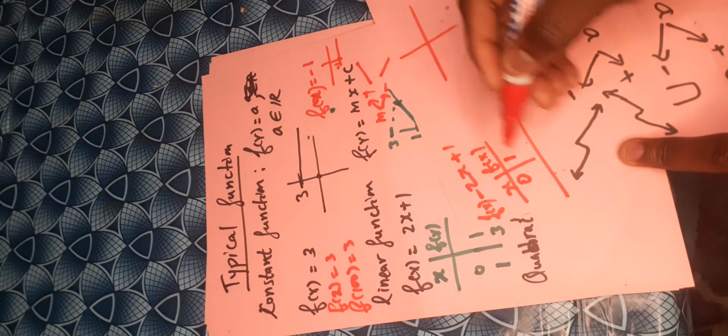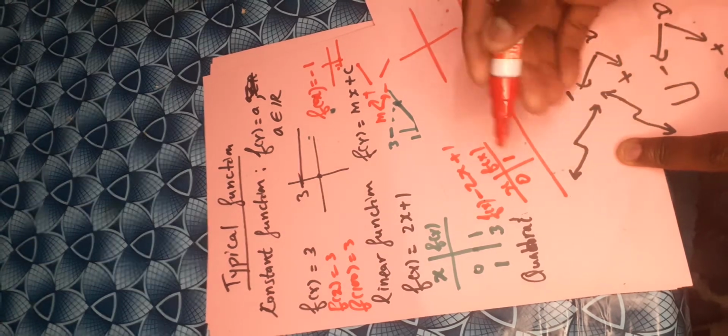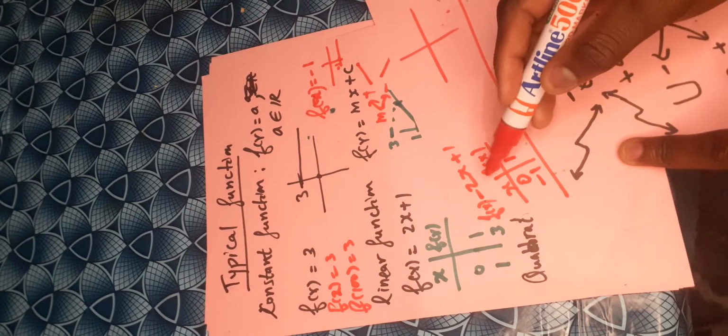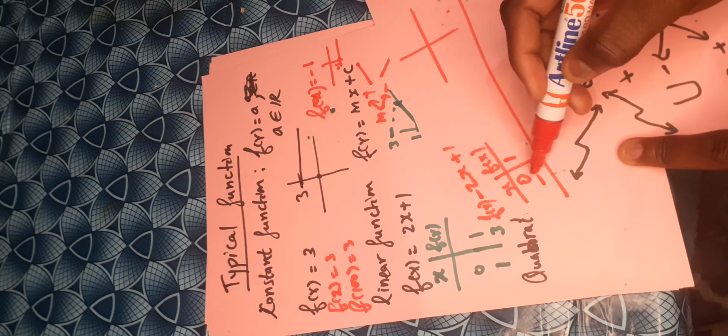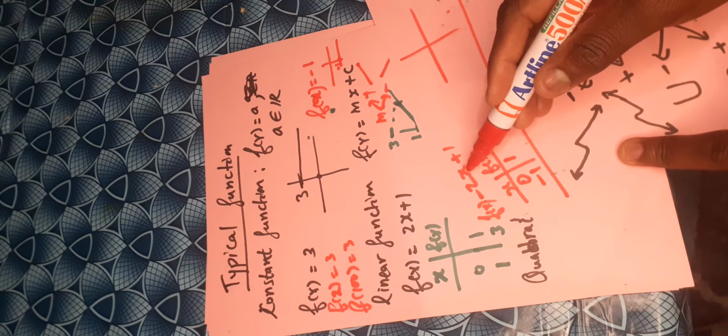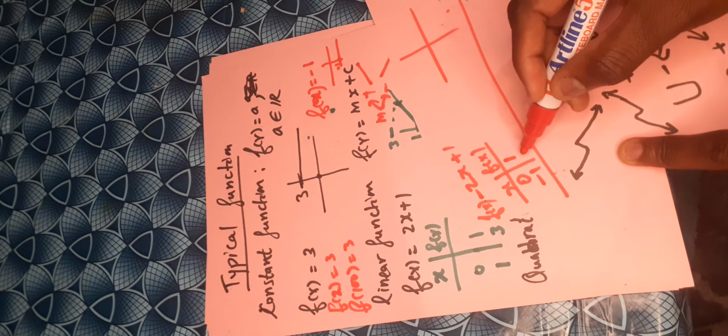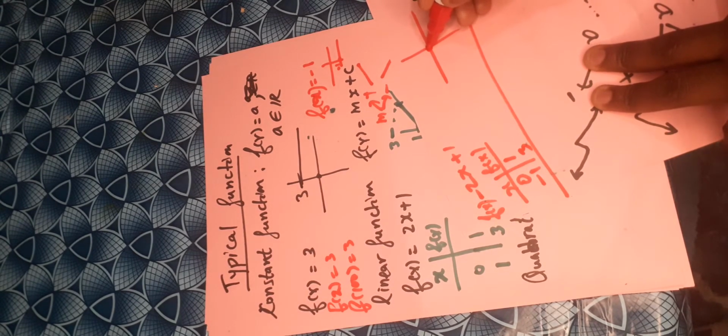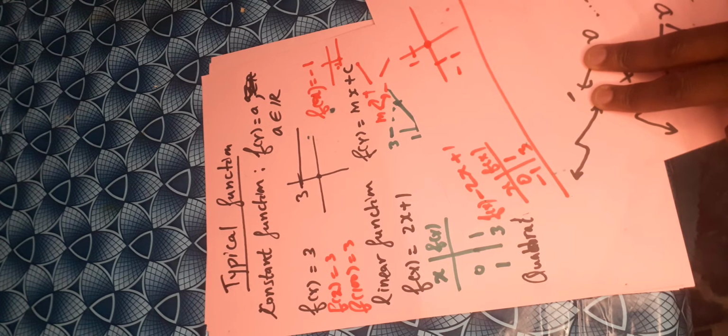Then let's take minus 1. If x equal to minus 1, I will have minus 2 times minus 1, which gives me 2. 2 plus 1 gives me 3. So let me graph this. When x equal to 0, y equal to 1. And if x equal to minus 1, y equal to 3. This is 2 and 3 will be here. 3 is right here.